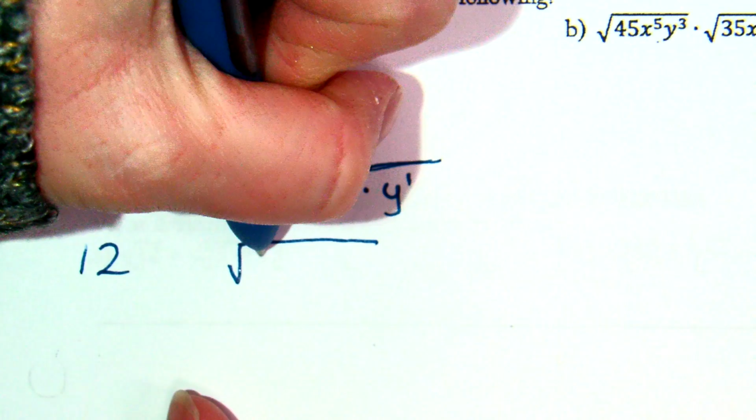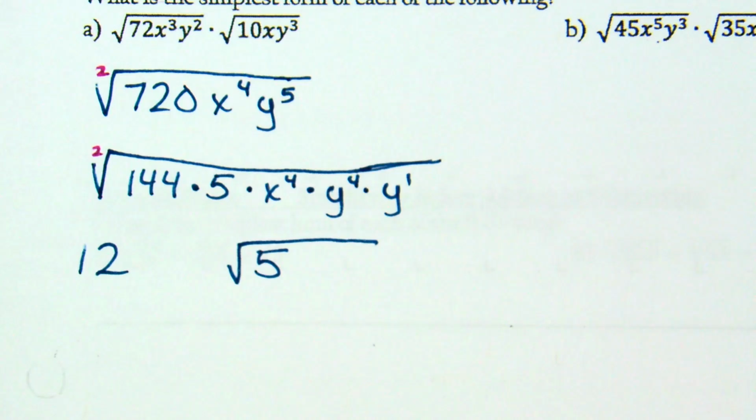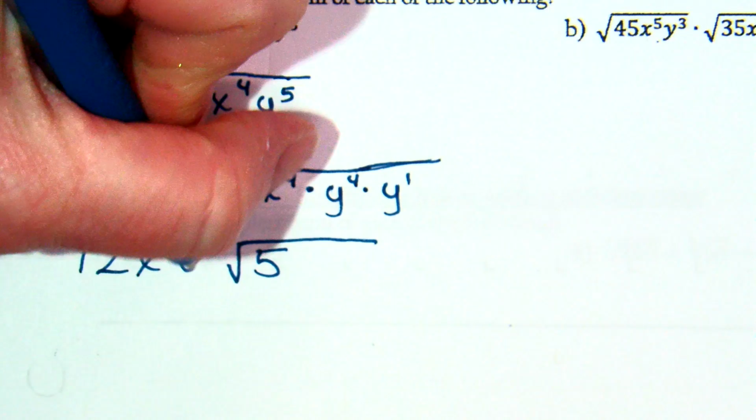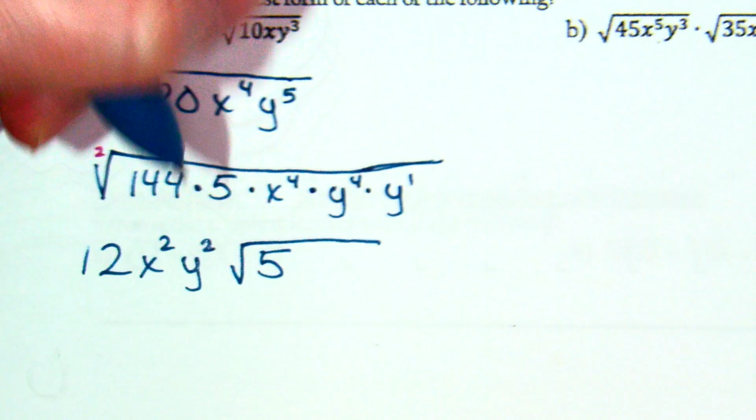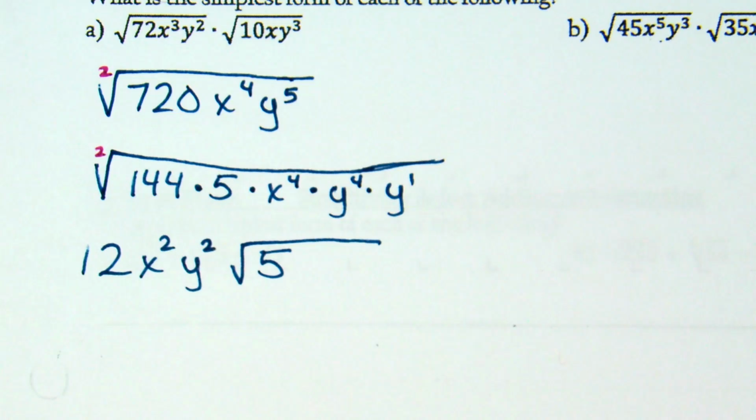Square root of x to the 4th: 4 divided by 2 is 2, so x to the 2nd, and that's now outside my radical. Square root of y to the 4th is y to the 2nd, because 4 divided by 2 is 2. Square root of y to the 1st? Can't do it. 1 does not divide by 2, so this y to the 1st stays under the radical.